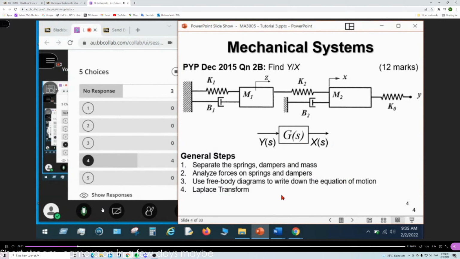The only difference in this course is that we do Laplace transform and inverse Laplace transform. The rest would be the same. Free body diagram is very important, but since most of you have taken MA 2002, you know how to do it already. So only the Laplace transform and inverse transform would be new to you as third year students. The majority of you are third year students.